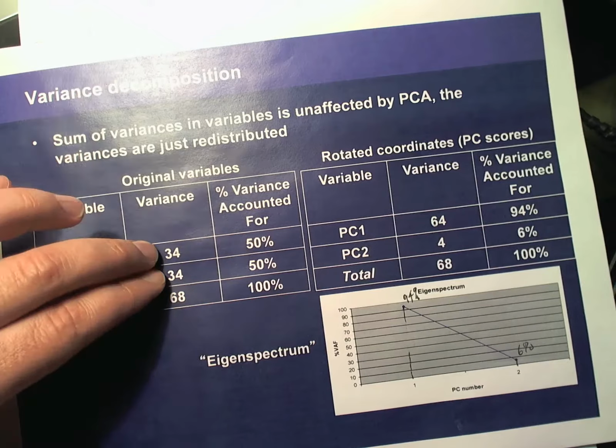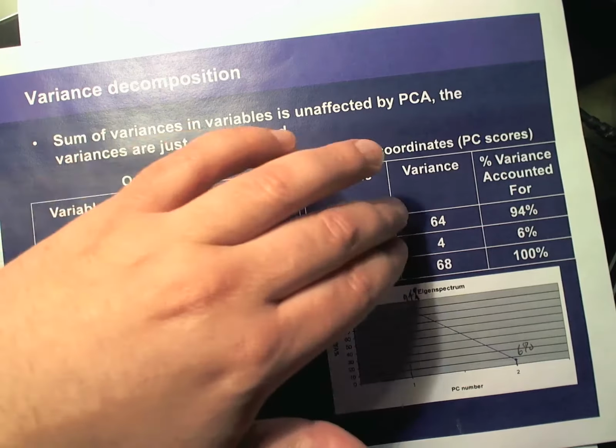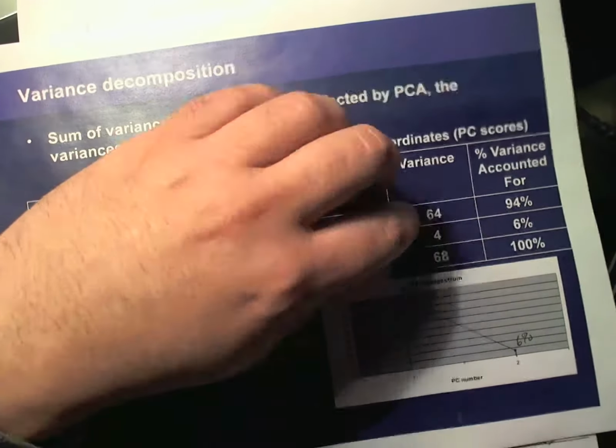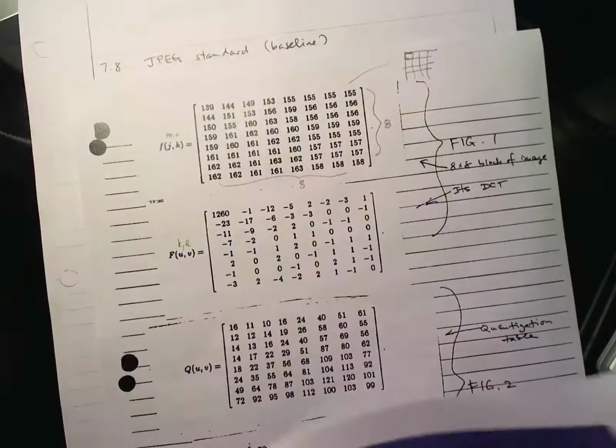So in the original representation they were kind of spread out. These are the same. In this representation the information is bunched up in the first one.